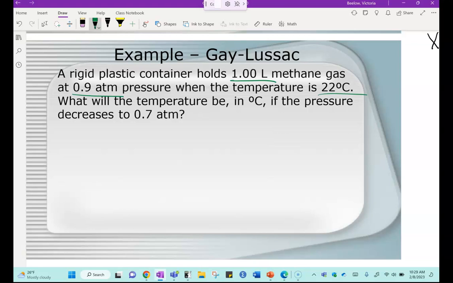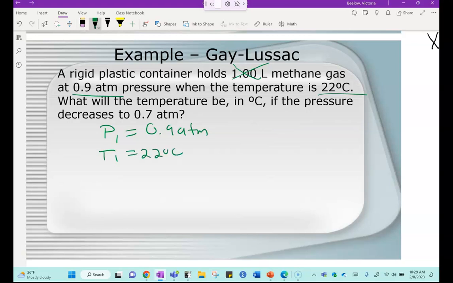What will the temperature change be in degrees Celsius if the pressure decreased? The volume part actually isn't relevant for this question because it is going to be kept constant the whole time. So our starting pressure is 0.9 atm and our starting temperature is 22 degrees Celsius.